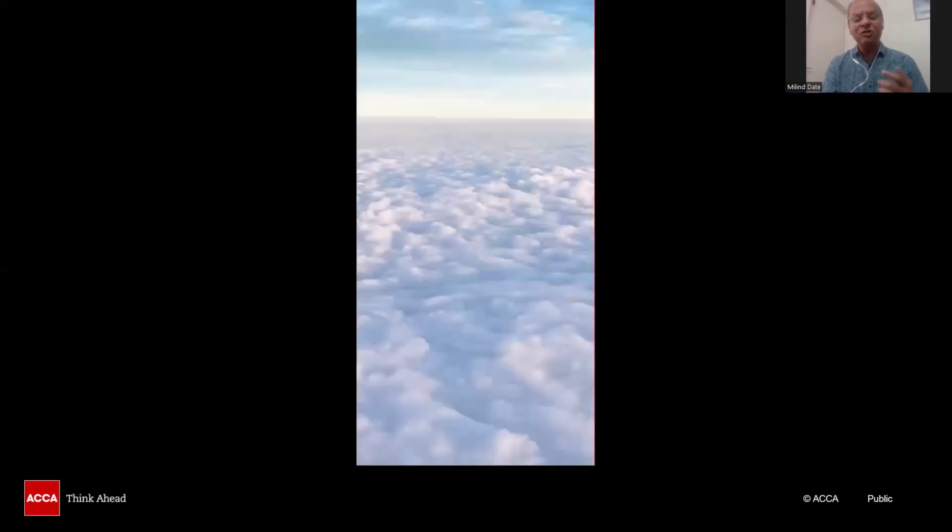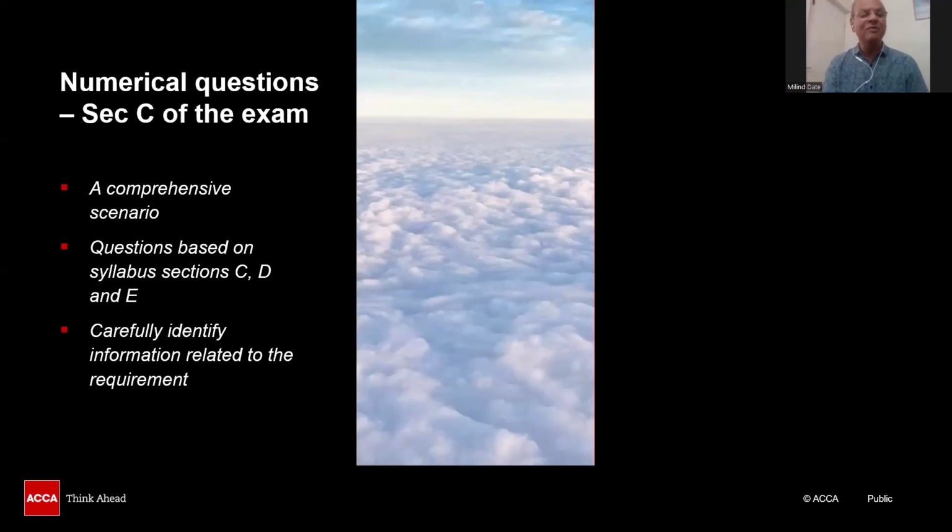Let's look at now the numerical questions given to you in section C of the examination. Section C scenarios, friends, are generally a lot more comprehensive compared to section B. And as I earlier said, the questions in section C are generally based on either working capital, investment management, or business finance, or a combination thereof.